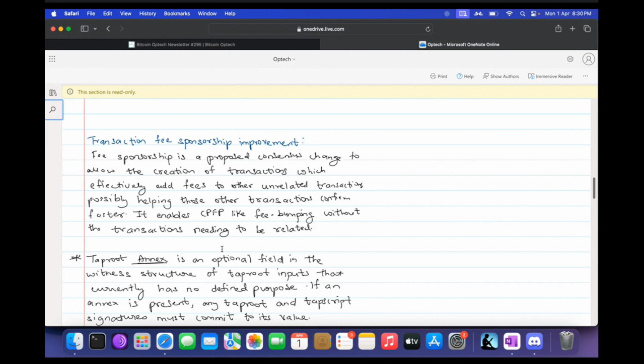Transaction B can bump its fee provided transaction B has the transaction ID of transaction A in its annex. Annex is a placeholder in the witness data of a Taproot transaction, which can include arbitrary data. So in that placeholder, you can embed the transaction ID of a transaction whose fee you want to boost.